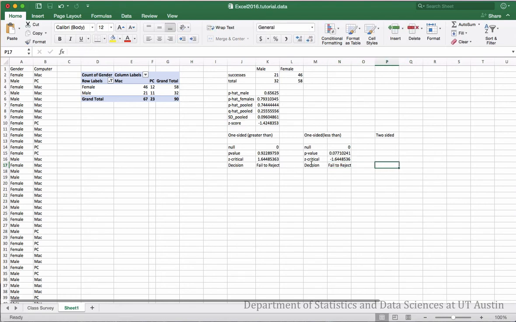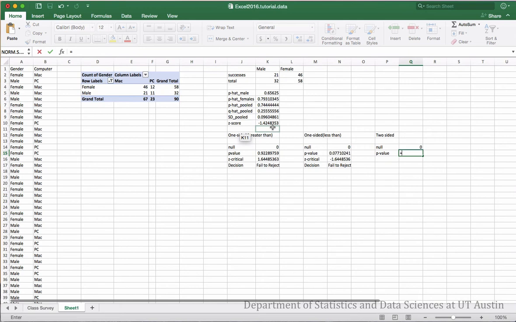And then finally, the two-sided test. Again, our null hasn't changed. That's still going to be 0. We always assume that there is no difference in the proportion of Mac users for males when compared to the proportion of Mac users for females. So our p-value is going to be the probability that we get something that is less than negative 1.42, or the probability that we get something greater than positive 1.42.